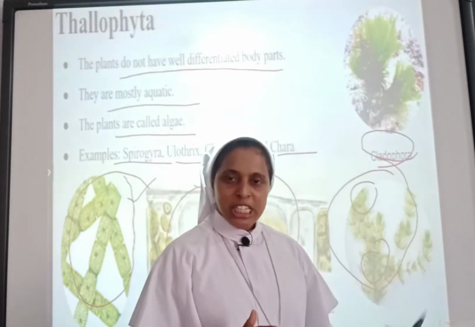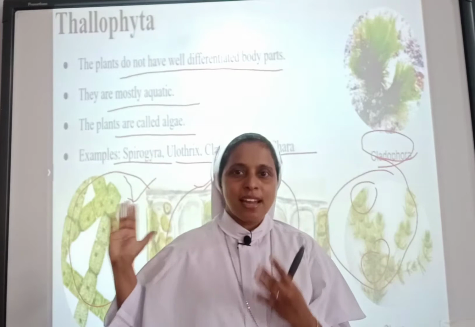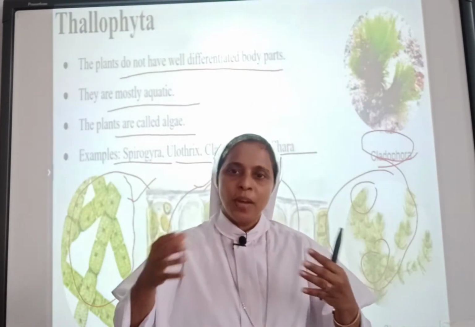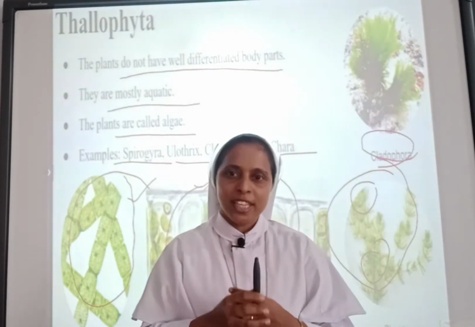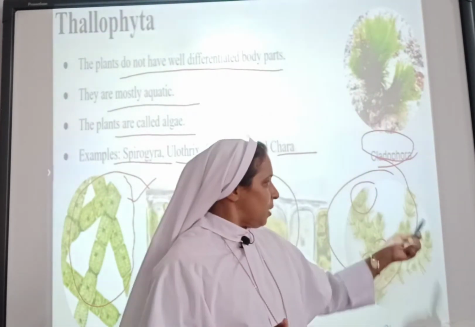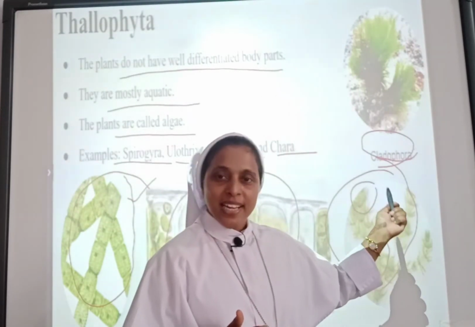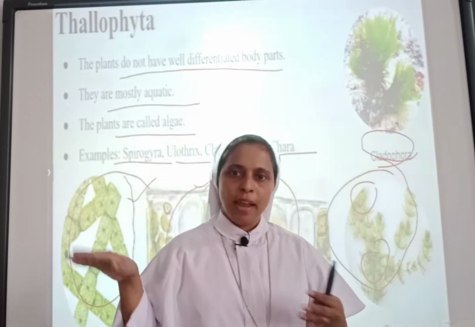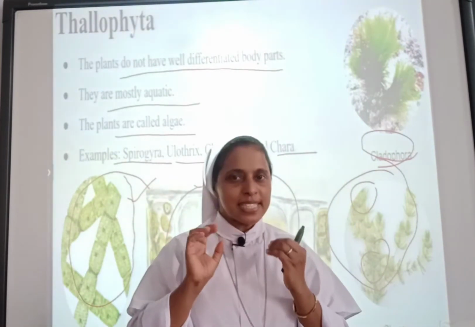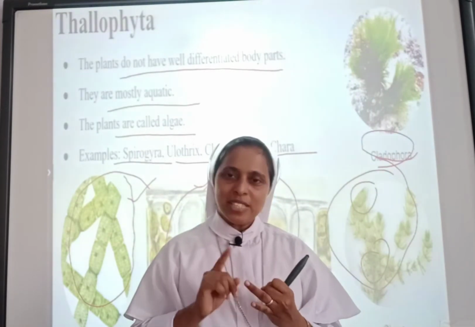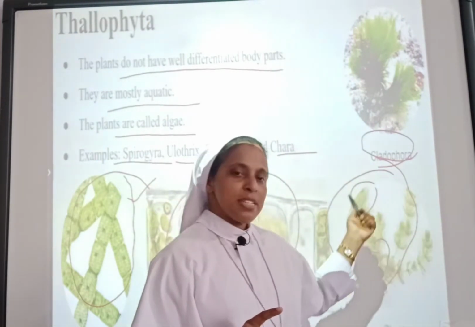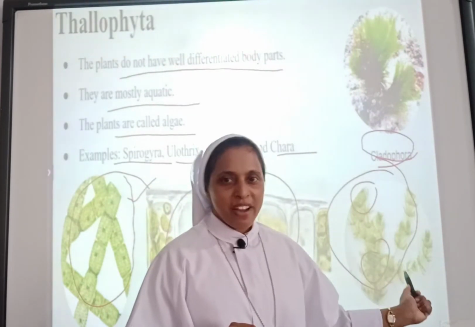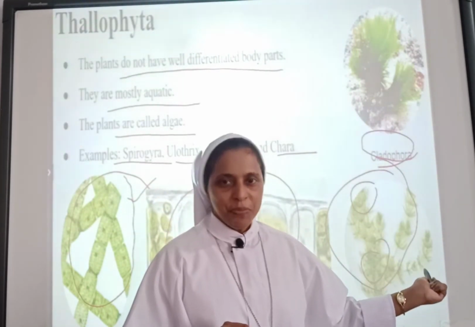The reproductive organs in Thallophyta will be in the same plant, that means the male gamete as well as the female gamete. As I have told you, they are merged, they help each other and they prepare their own food. Especially in Chara, the female reproductive organ is found in the upper portion, while the male reproductive organ is found in the lower portion.